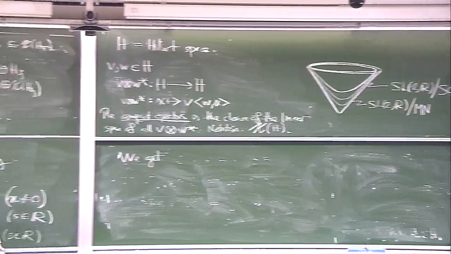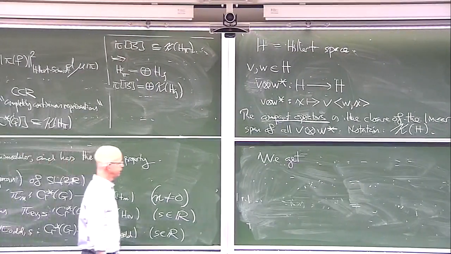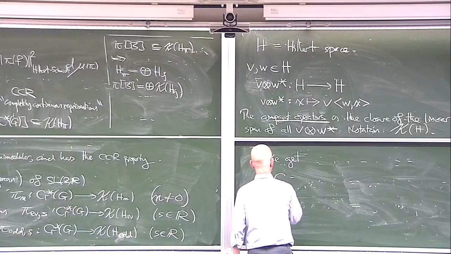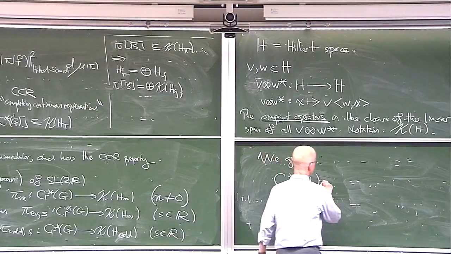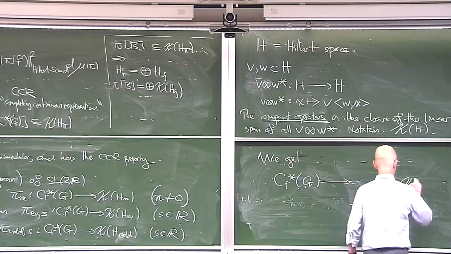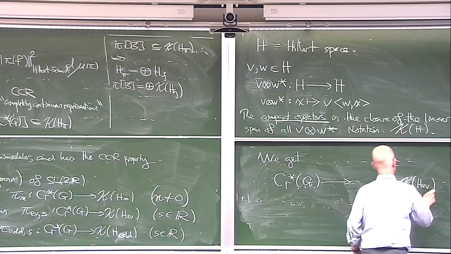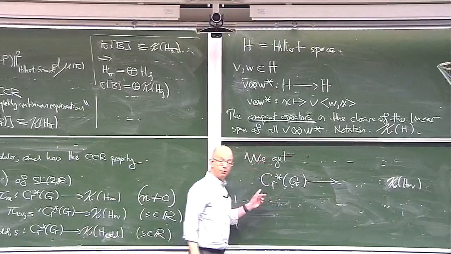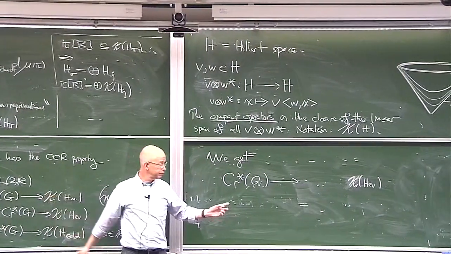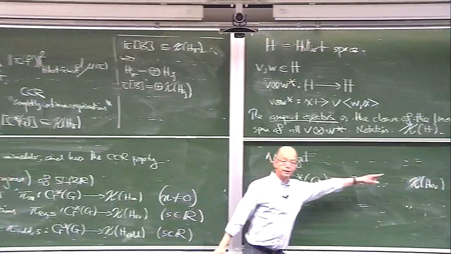I want to focus on one of these continuous series, maybe the even series. Here's the compact operators on the Hilbert space. Each time I pick a number s, according to what I described over here, I get a star homomorphism of C-star algebras from this fellow to this fellow.